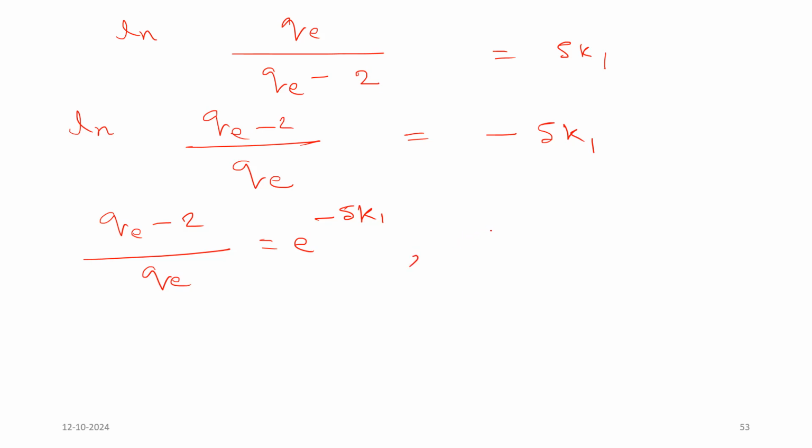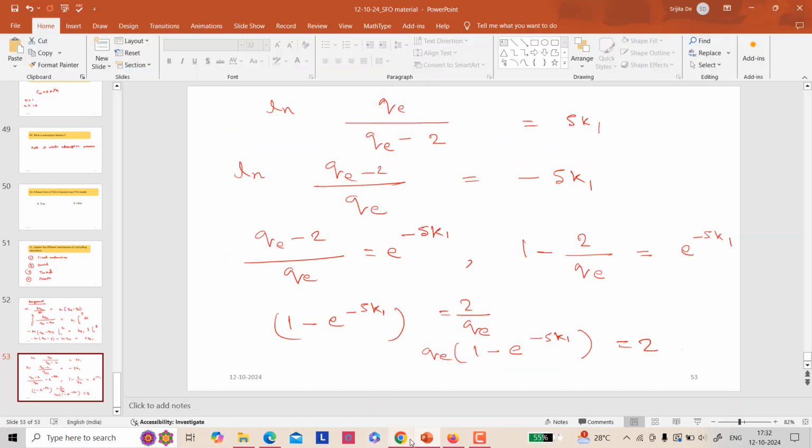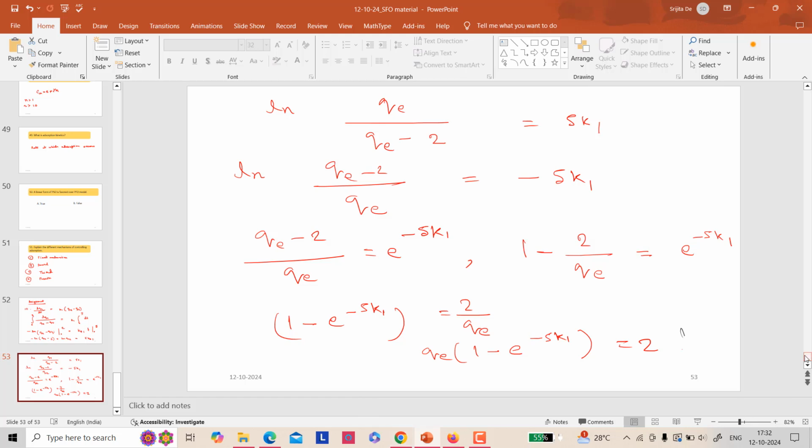Then 1 minus 2/qe equals e to the power minus 5 k1. Then 1 minus e to the power minus 5 k1 equals 2/qe. And finally, it will be qe (1 minus e to the power minus 5 k1) equals 2, right? So now see which one is coming. qe (1 minus e^(-5 k1)) equals 2. Option C. So C is your correct answer.